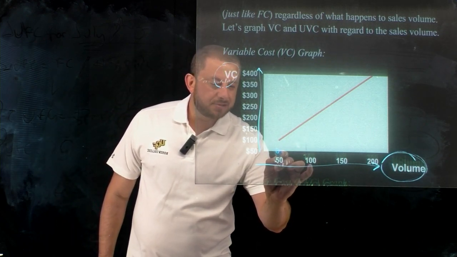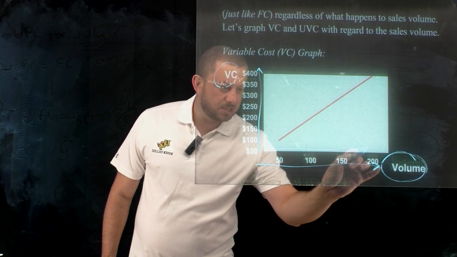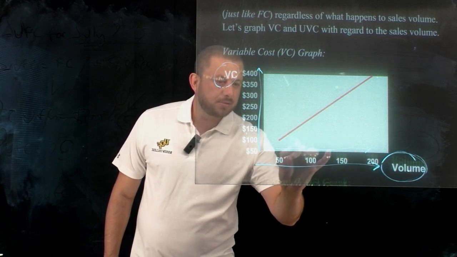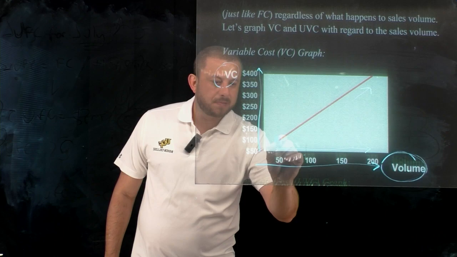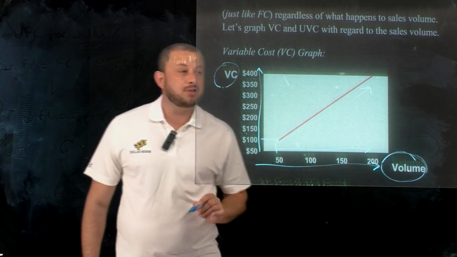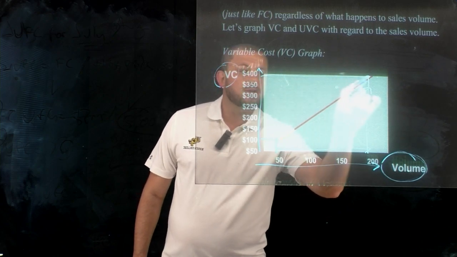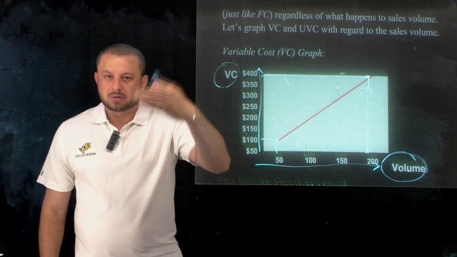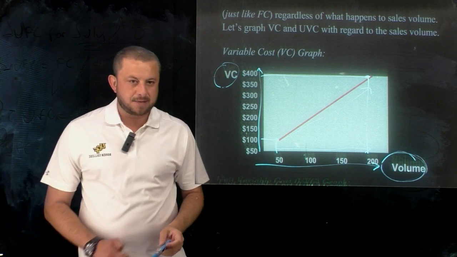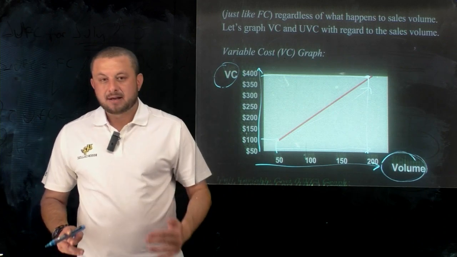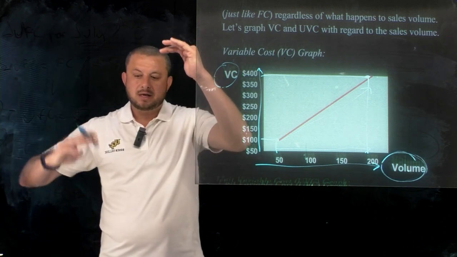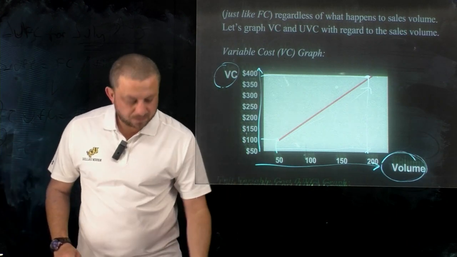If sales volume increases, variable cost also increases. At the 50 point, my variable cost was 50, but at the 200 point, my variable cost is 400. But we see it at the total level for the entire operation, guys, okay? Don't forget that. So again, sales volume increases, VC increases, and vice versa, okay?